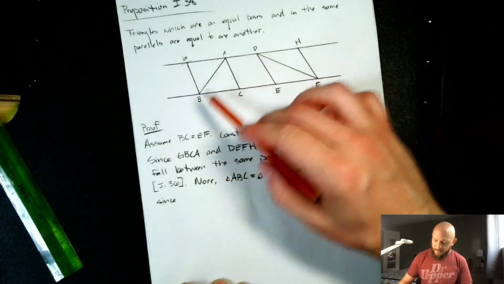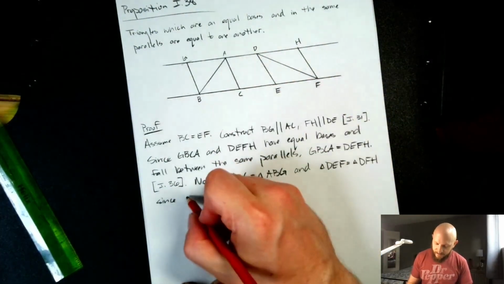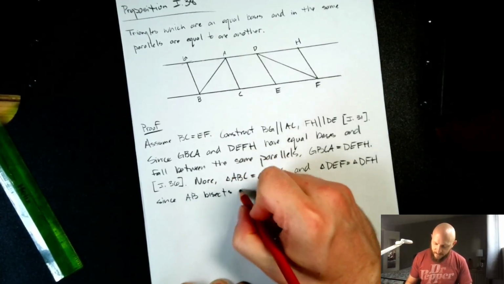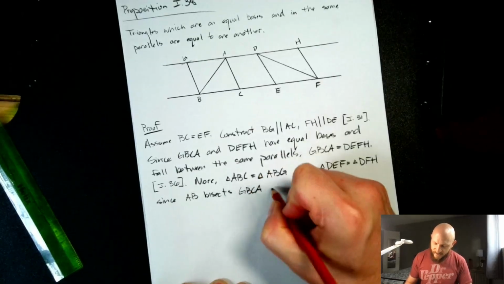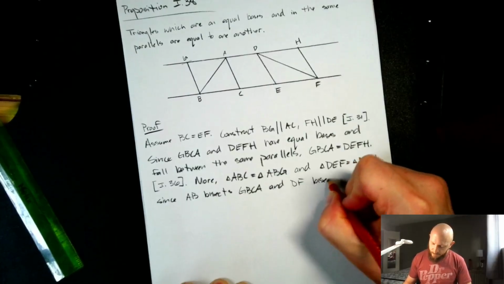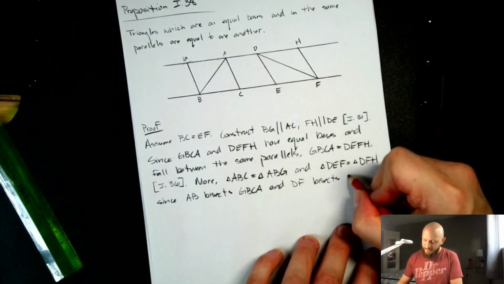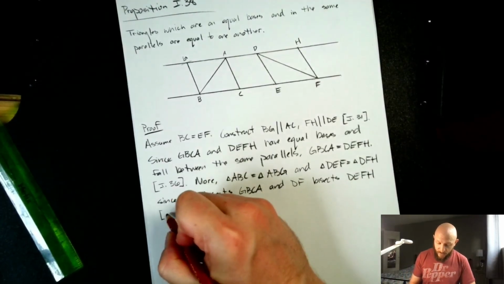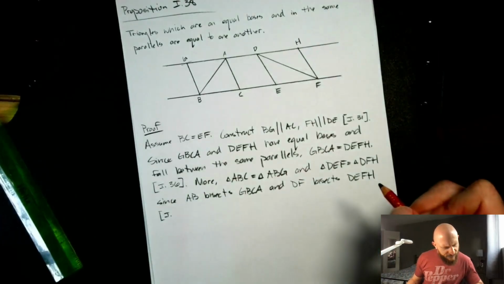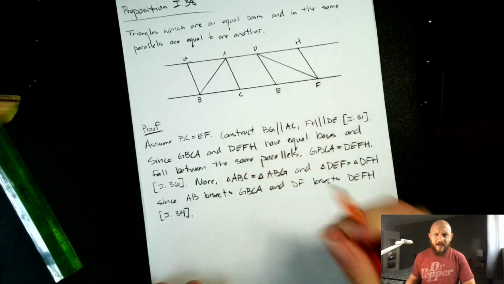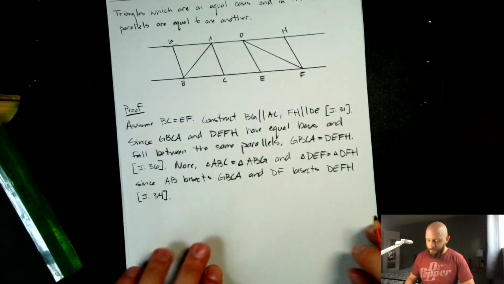And this is, at least for this first piece, because AB bisects GBCA and DF bisects DEFH. And that was Prop 34, that says the diagonal bisects the parallelogram.